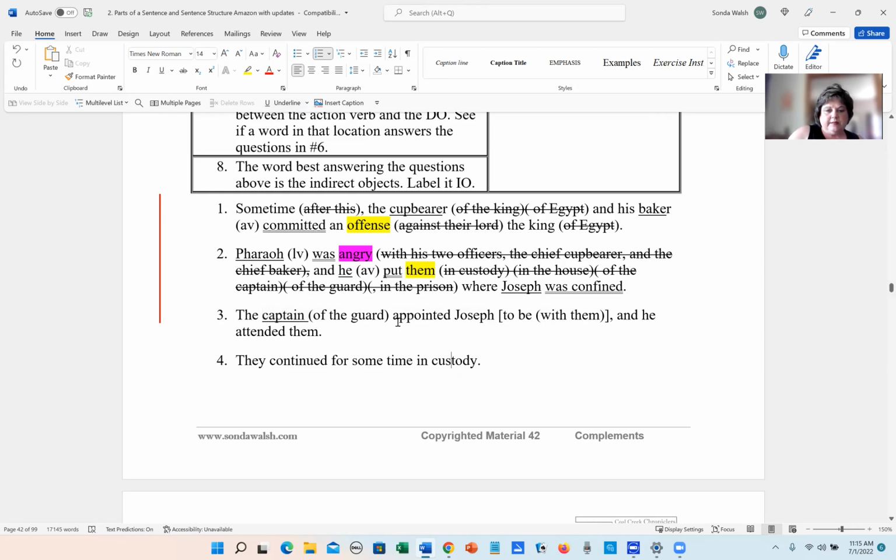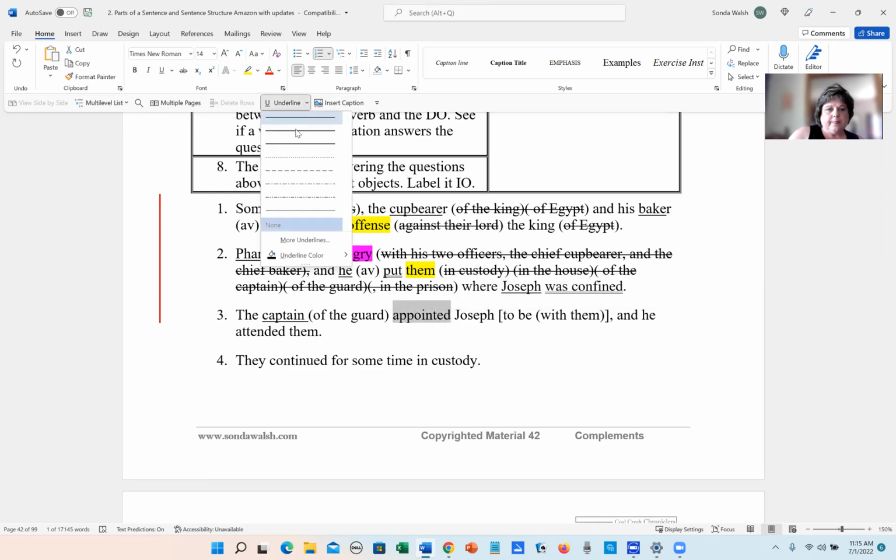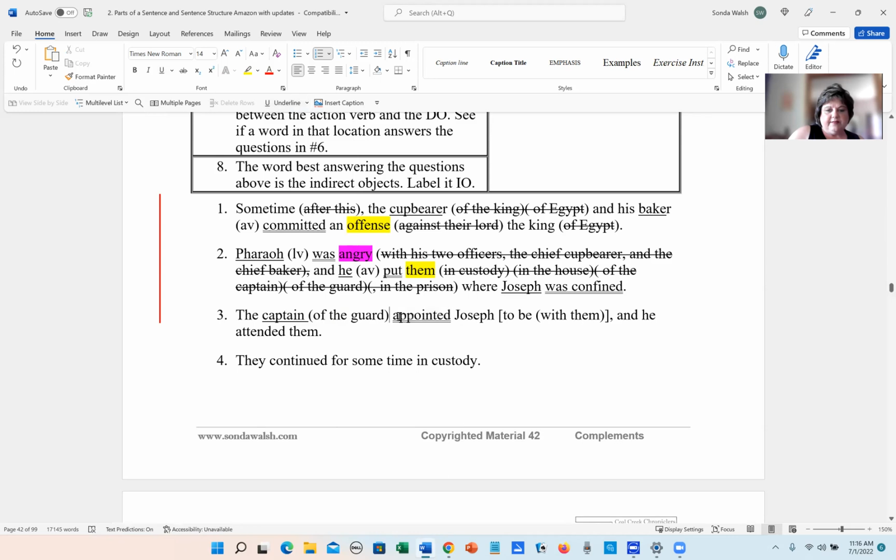Appointed is our verb, so we'll underline that twice. Appointed is an action verb. So we ask, the captain appointed who? The captain appointed what? Joseph is the answer, and so Joseph is the direct object.